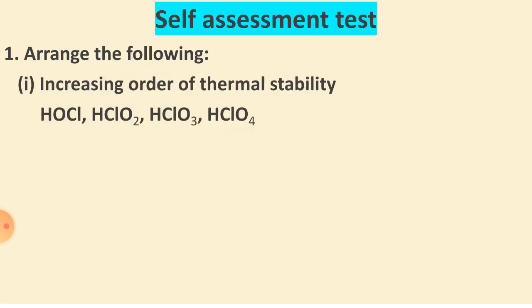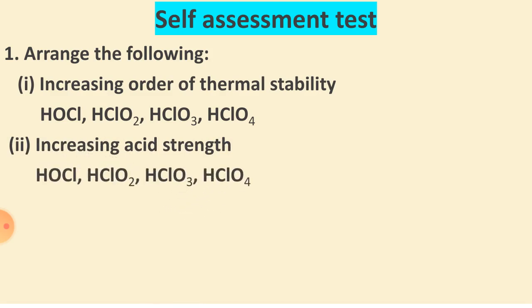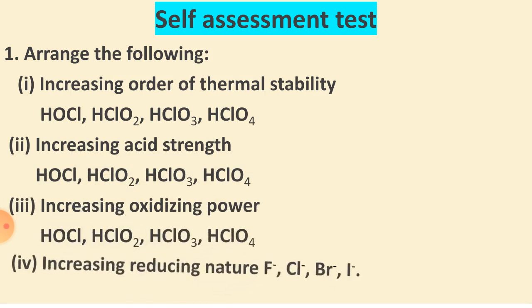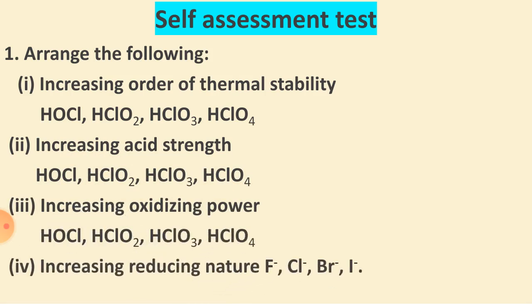First, the increasing order of thermal stability of oxoacids of halogen, basically of Cl; then increasing acidic strength of these oxoacids; then increasing oxidizing power of these oxoacids; then increasing reducing nature of F minus, Cl minus, Br minus and I minus. This is question number one, having 4 parts.